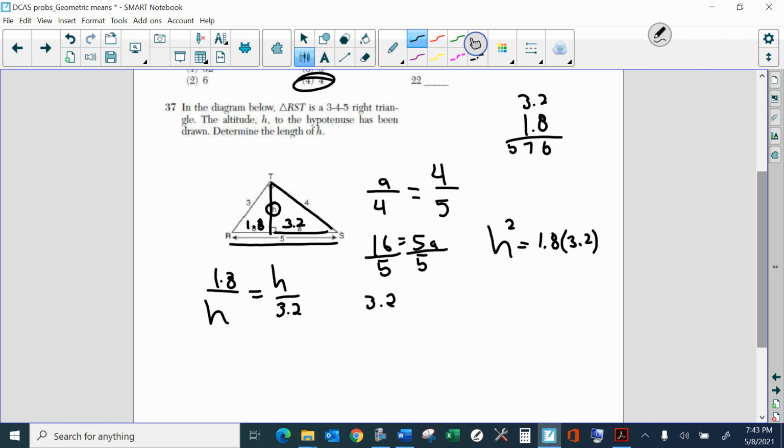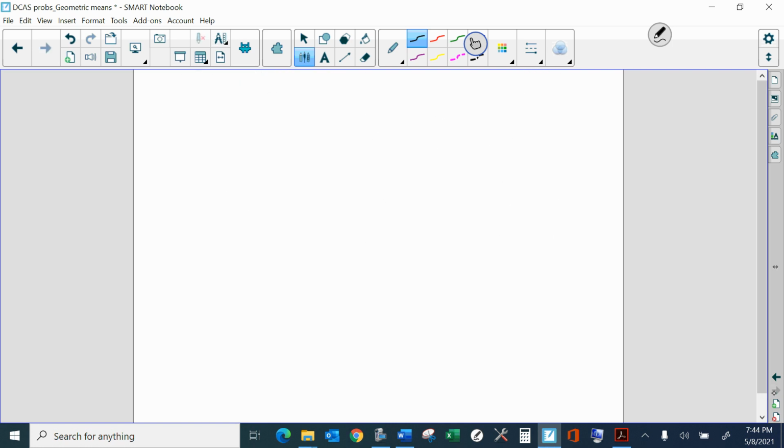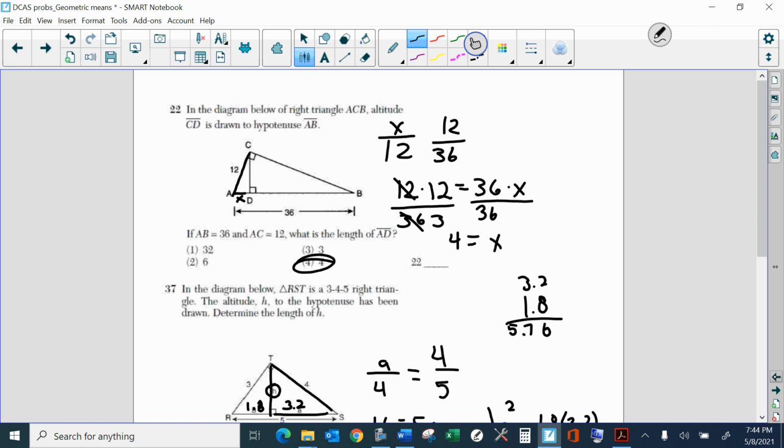Add the 2, 5, 7, 5.76. 576 is 24 squared. So it's going to be 2.4 exactly. 2.4 squared is 5.76. So if you knew your squares, 11 through 25, for extra credit, you would have known that. All right, that does it. Let's stop this here.